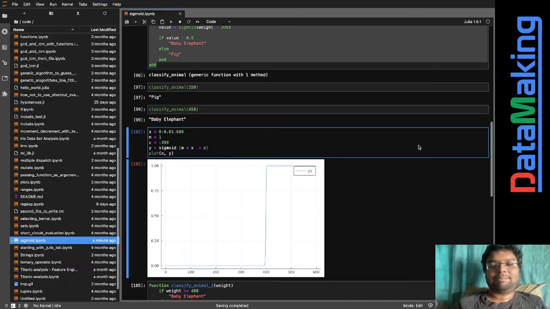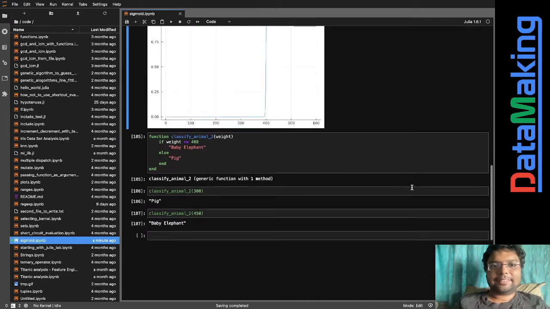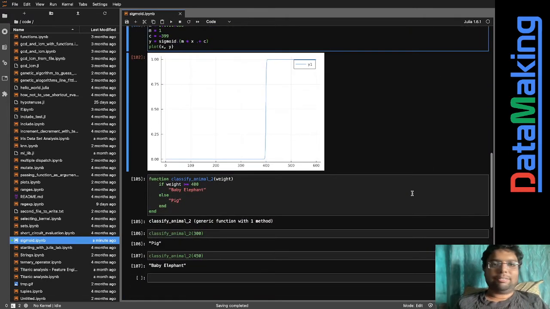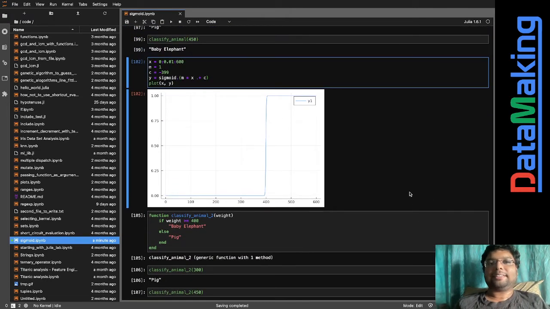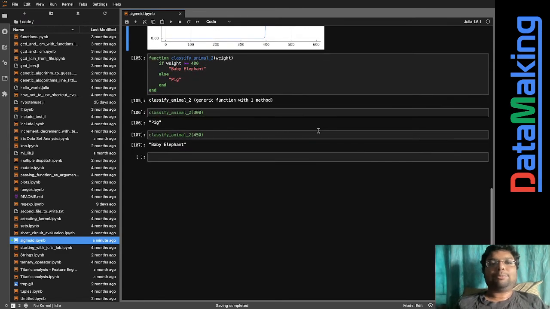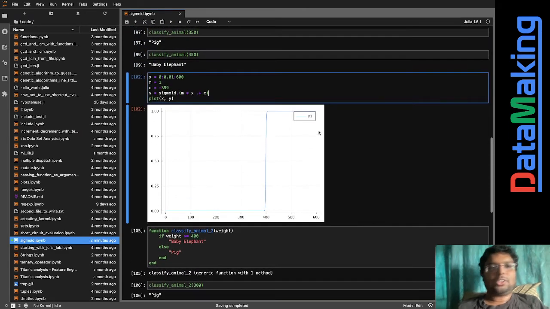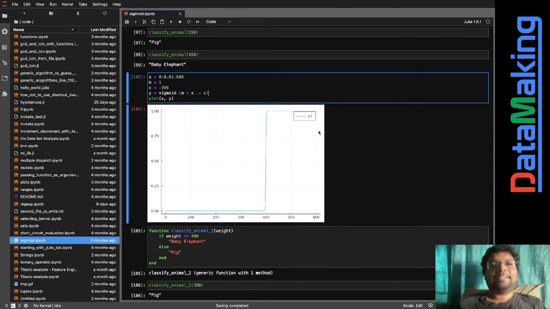So this is a sigmoid function, and we can classify things, and that's how the sigmoid function is used. You can squash anything between 0 and 1, and anything below 0.5 you can say no, and anything above 0.5 you can say yes, or you can also say it the reverse way.